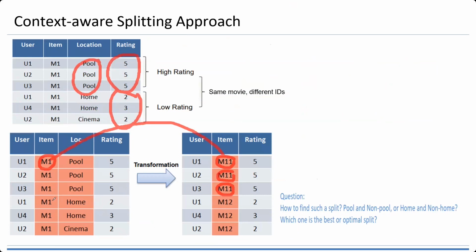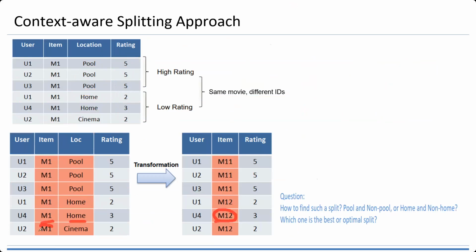What about this one? They put M12. Why? Because it belongs to the low ratings, and the user watched this movie in another location, which is at home. Now you can see M1 at home is M12.